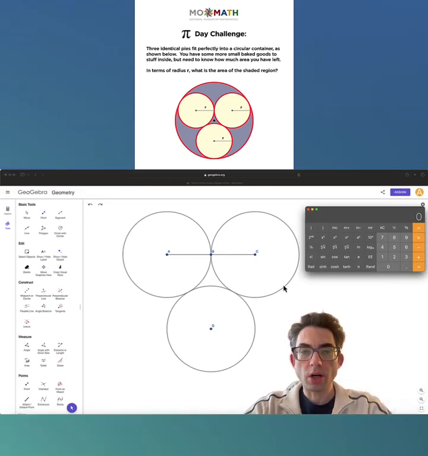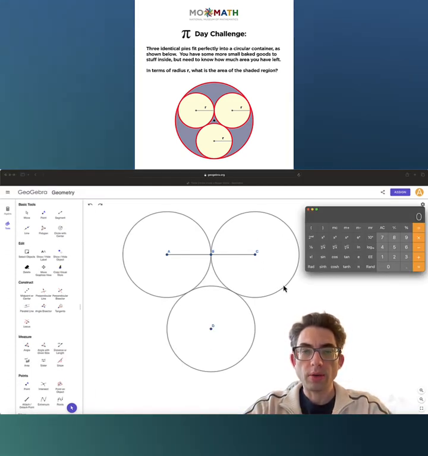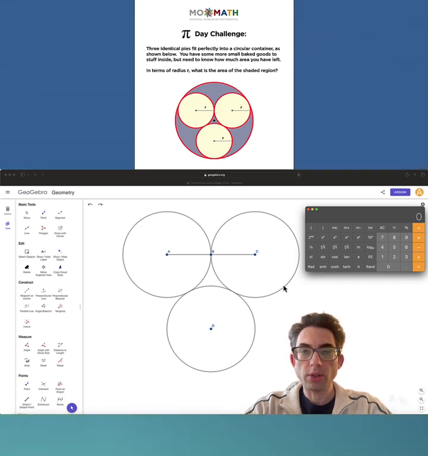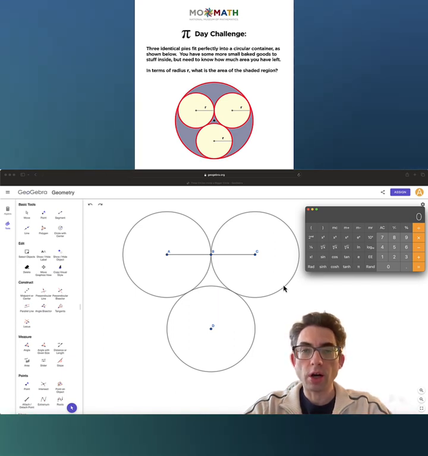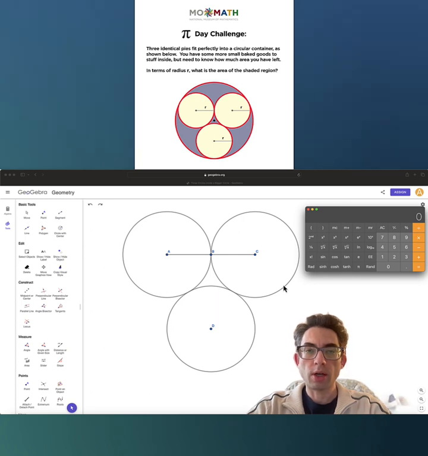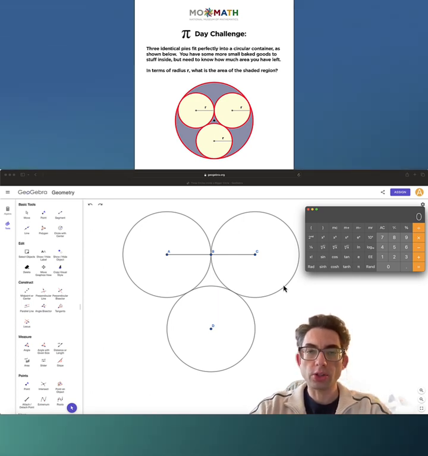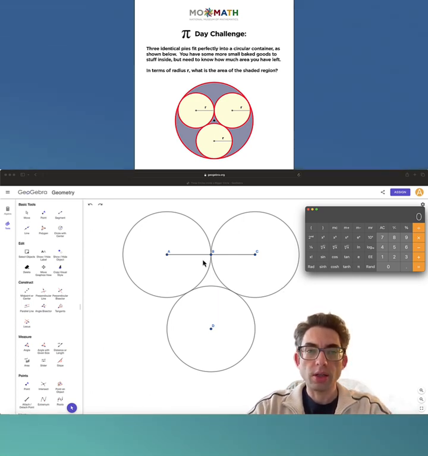So here we are, almost done. We have made the 3 smaller unit circles, and now we have to make the larger circle that will encompass these 3 smaller circles, where the larger circle will share a point with the smaller circles. And in order to do this, we have to calculate the radius of the larger circle.